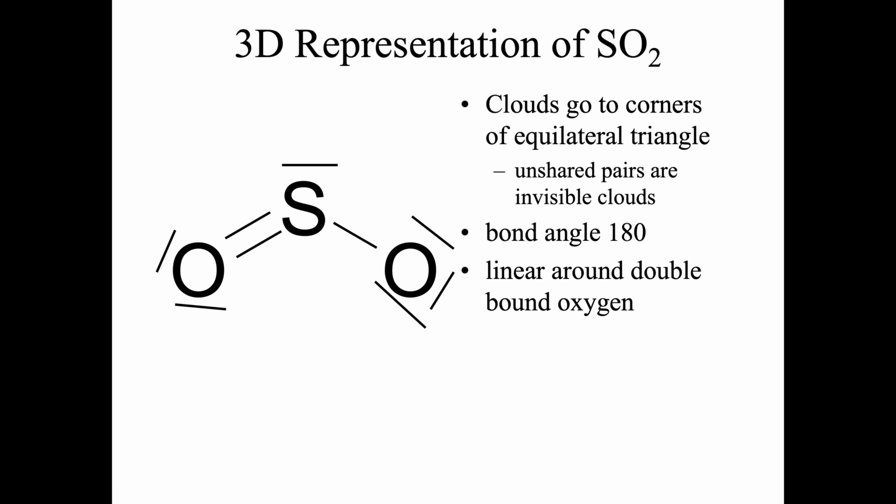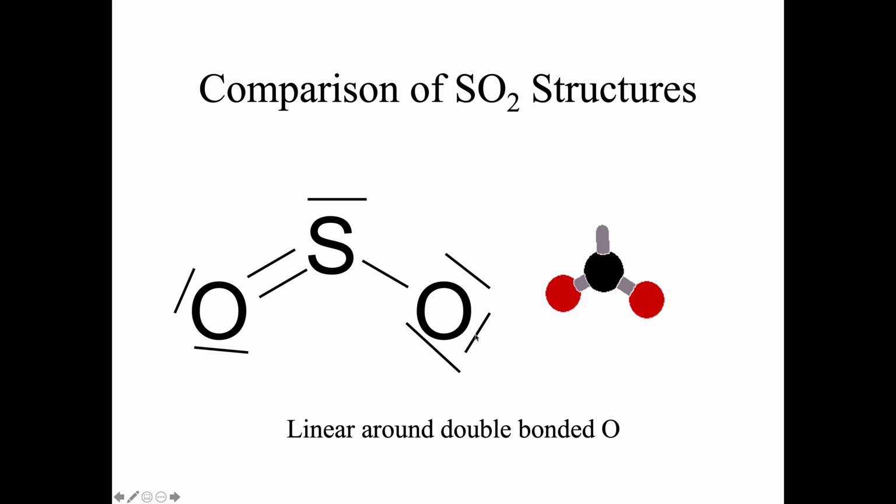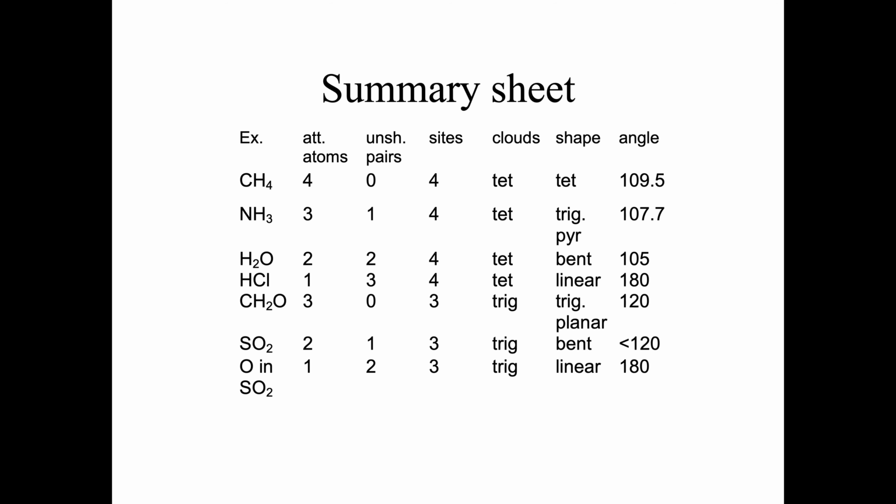So around the double bonded oxygen, if I take a triangle and I take 2 corners off, it's going to be linear. They're side by side, right? So 3 sites, no unshared pairs, trigonal planar. 2 sites, 1 unshared pair, so take a corner off the triangle, that's bent. 1 attached and 2 unshared pairs, still a triangle, but we take 2 of them off, that's linear.